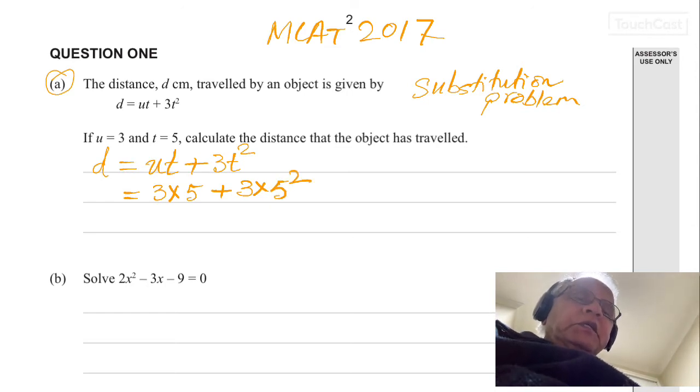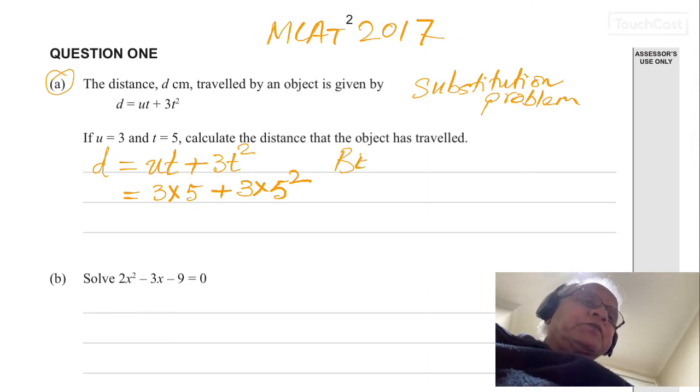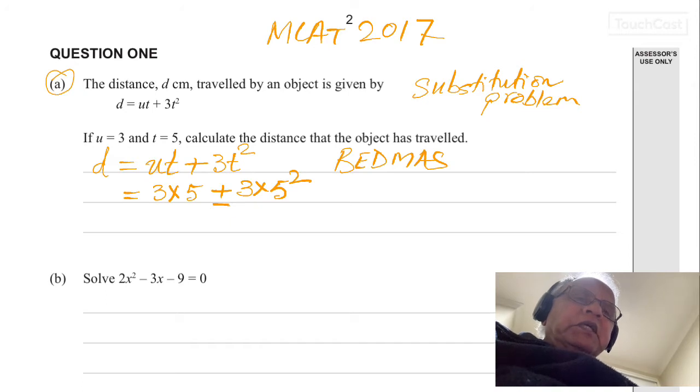So basically it's the interplay of BODMAS. If you are not familiar with those, you are going to have a problem. One other thing you can identify is that there are two parts to the problem. You cannot start working on the plus unless you complete the work on 3 times 5 and the power and then multiplication.